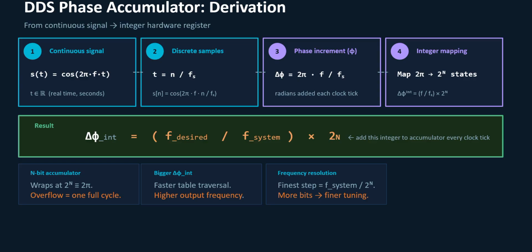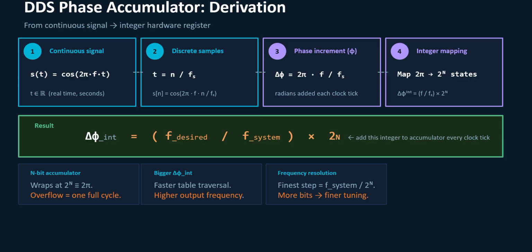So t equals an integer n, the first sample, second sample, third sample, and so on, divided by the sampling frequency. So t is nothing but n over fs. You plug that back into the equation, and the discrete samples equation becomes cosine 2 pi times f over fs times n.